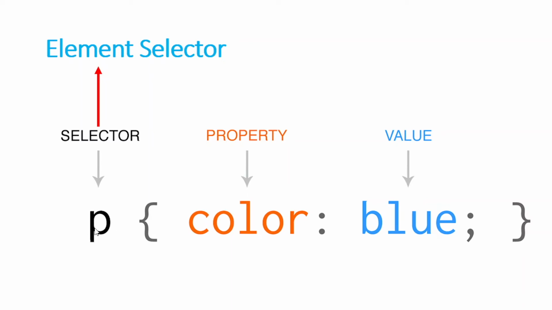For example, in my case it is P. So I want to design this P tag, so I'm just writing P, and in the curly brackets you have to specify the property and the value, and then terminate that property with a semicolon. So this is an element selector. We are just specifying the tag name or element name in here.